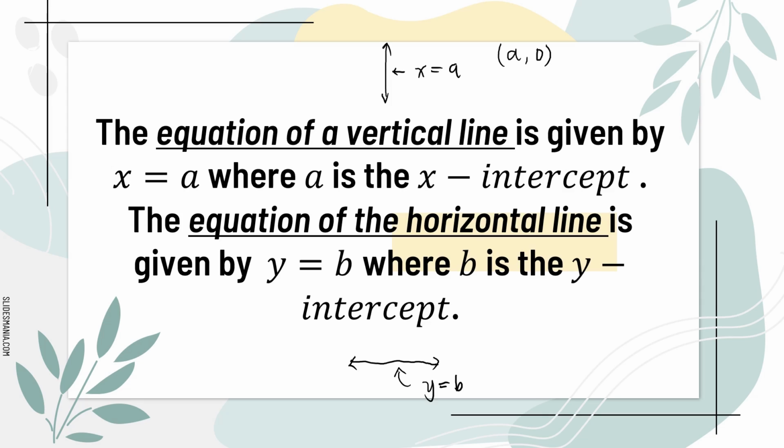The value of your y is still the same even if your x changes. So b is the value of your y-intercept. Ito yung point which touches the y-axis. Okay? And so the y-intercept is the value of your y if your x is equal to 0.